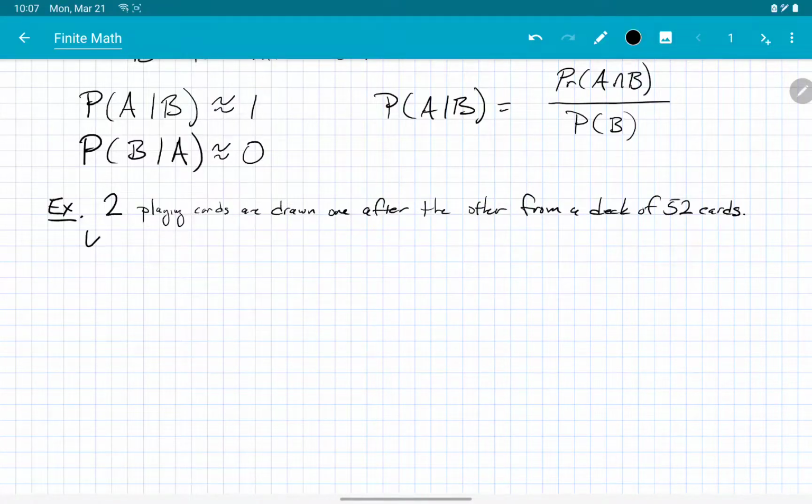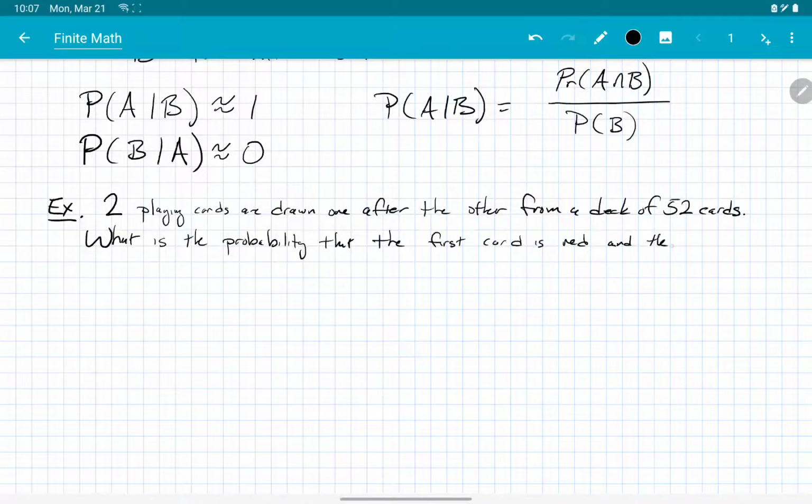And we're going to ask, what is the probability that the first card is red and the second card is black? What is the probability that the first card is red and that the second card is black?